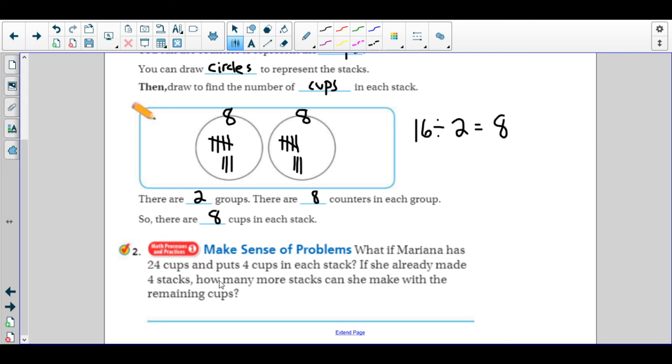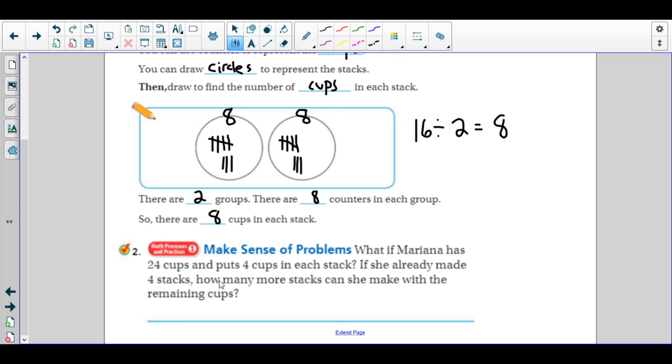What if Mariana had 24 cups and put 4 cups in each stack? If she already made 4 stacks, how many more stacks can she make with the remaining cups? She's got 24.